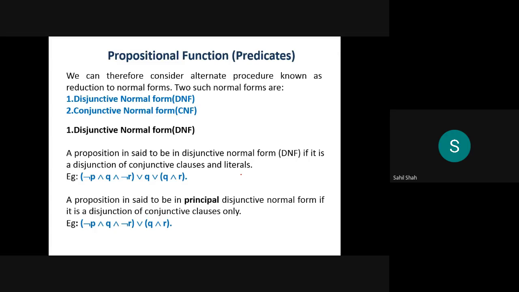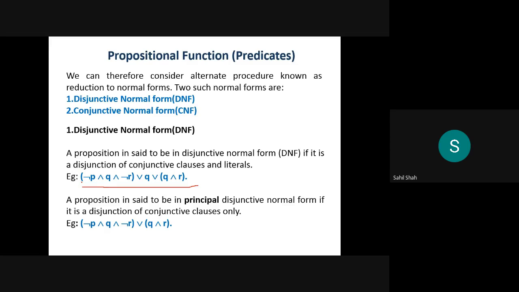A disjunction of fundamental conjunctions and or its negations. That is disjunctive normal form. So, example, negation P, conjunction Q, conjunction negation R.